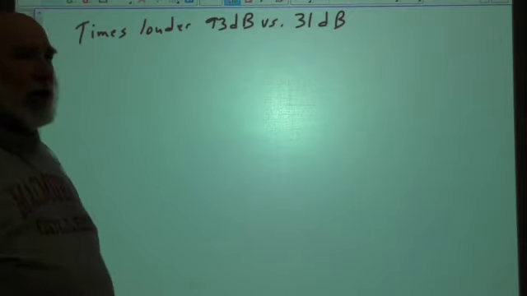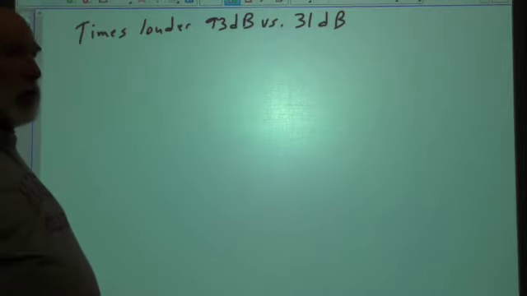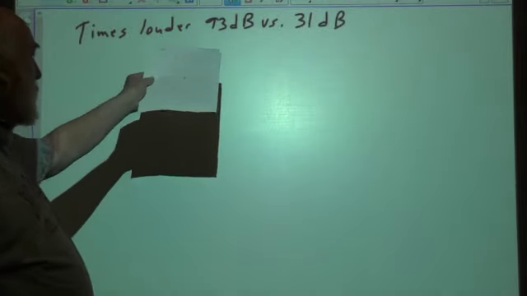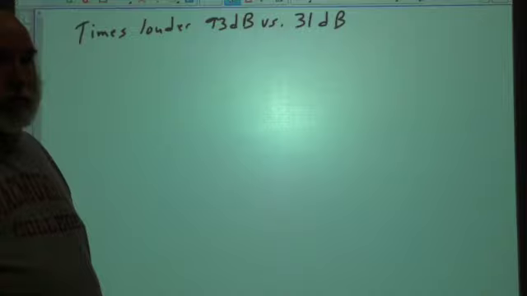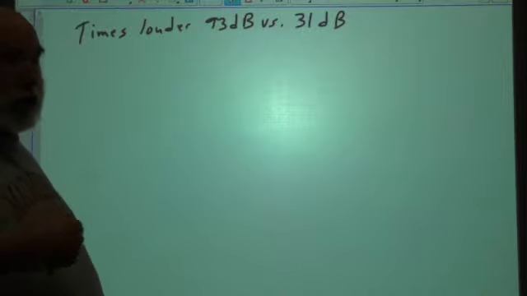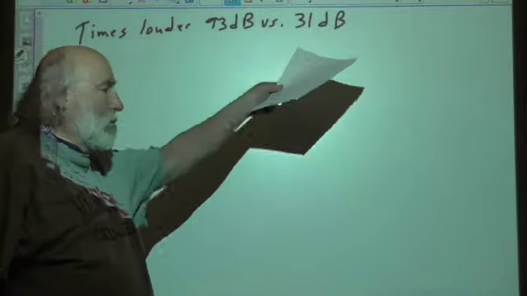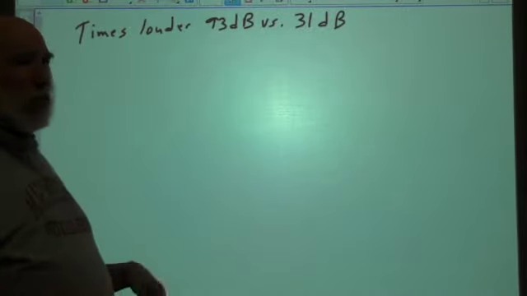The problem with that is you're dealing with logarithms and not linear numbers. It is actually way, way more intense in the difference between 93 decibels and 31 decibels. If you take a look at the chart, you can see what I mean by that. You find something about 90 decibels and something about 30 decibels, and imagine those 2 sounds, you know it's going to be more than 3 times louder.